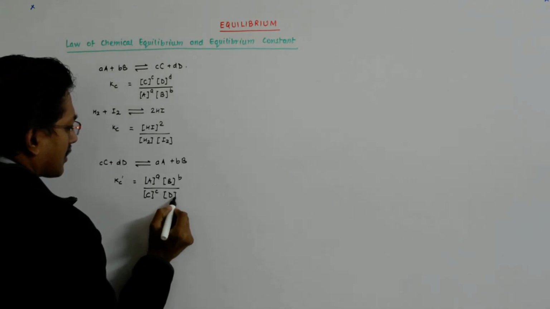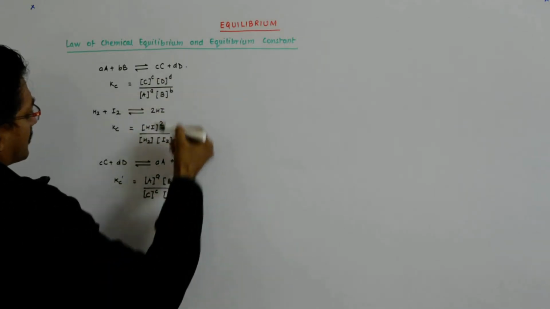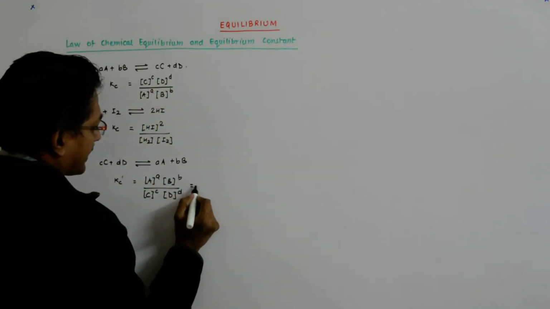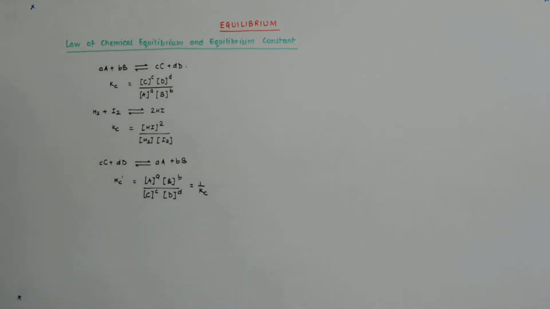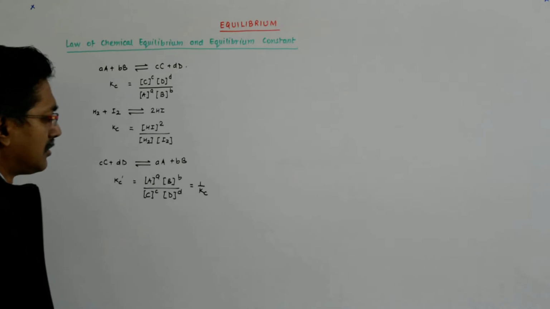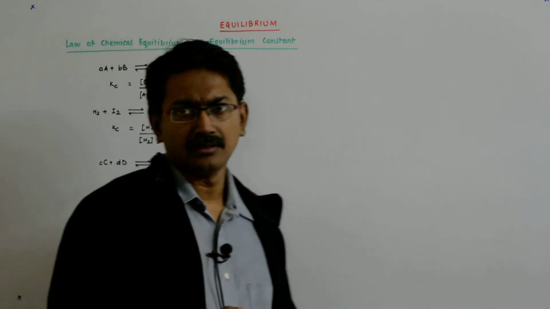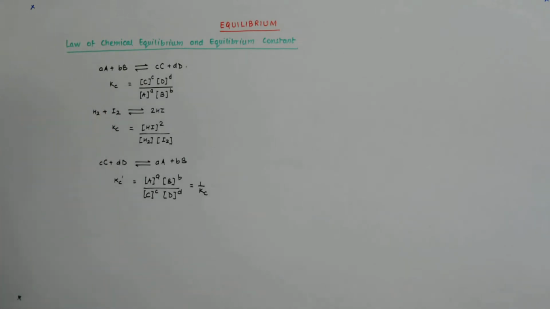Now, if you just compare them, you find it is 1 upon Kc. So the equilibrium constant for the reverse reaction will be the reciprocal of that for the forward reaction, right?